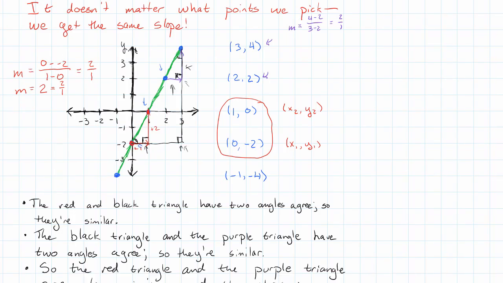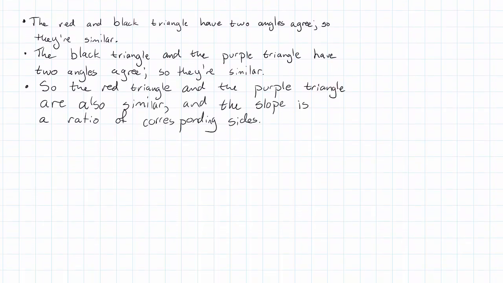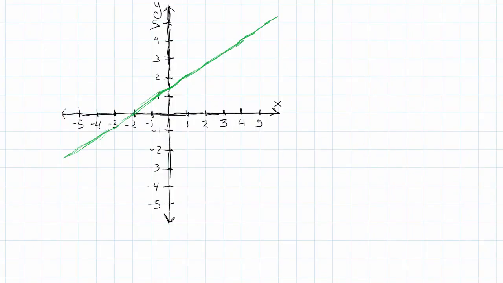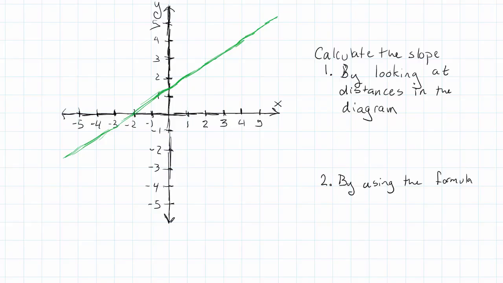Let's see one more example where we calculate the slope of a line. So here's a line. We're going to calculate the slope in two ways. We'll calculate the slope by looking at the distances in the diagram and by using the formula for slope. For either one of these methods, I need to pick 2 points, and I'm going to pick these 2 points as falling on nice grid lines.